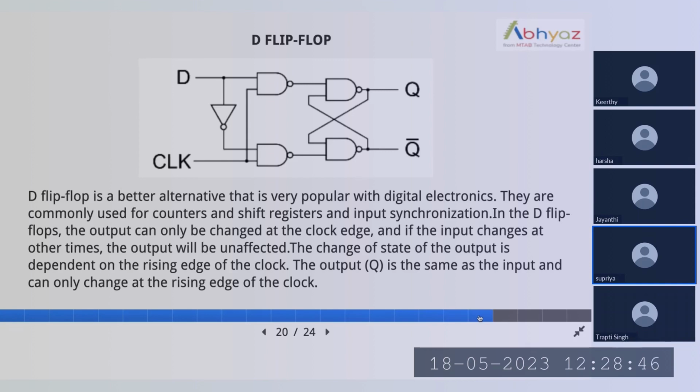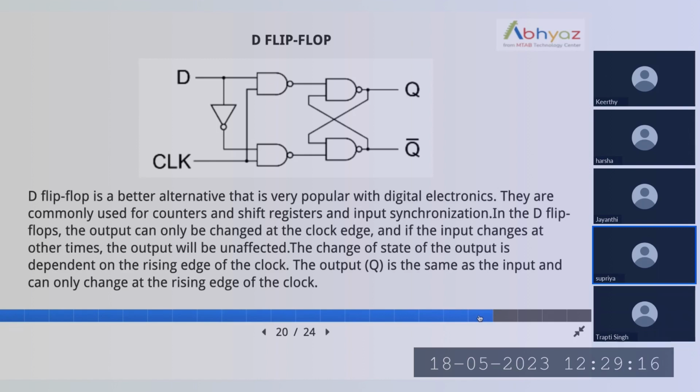Next is the D flip-flop. The D flip-flop is a better alternative and is very popular in digital electronics. They are commonly used for counters, registers and input synchronization. In D flip-flops, the output can be changed by the clock edge. There are no two inputs here, only the D input and the clock input.